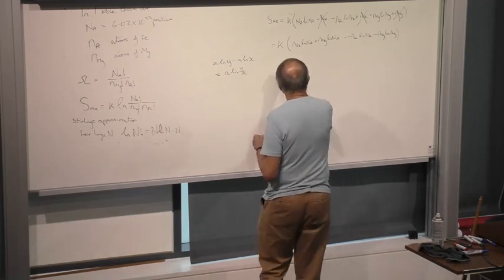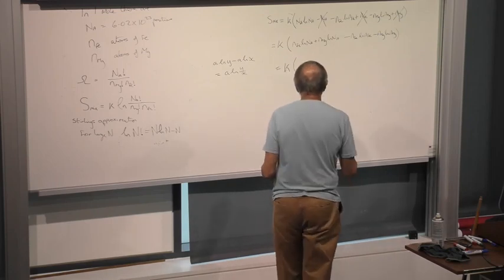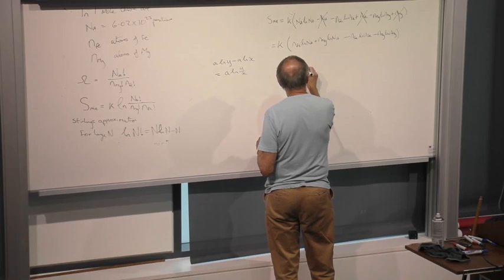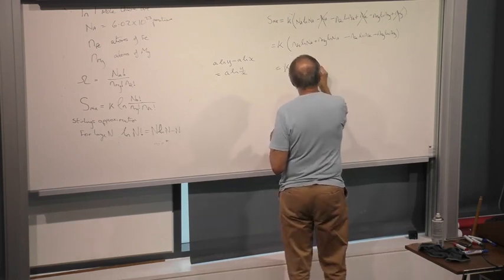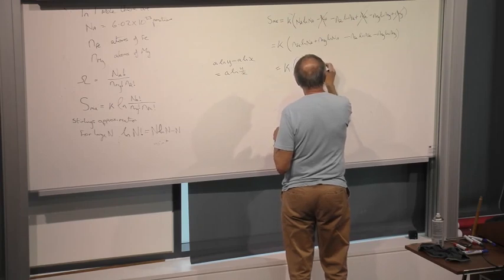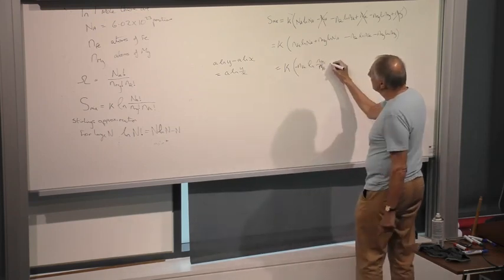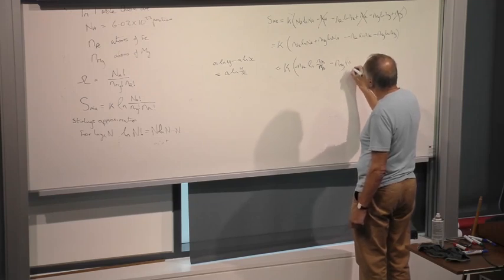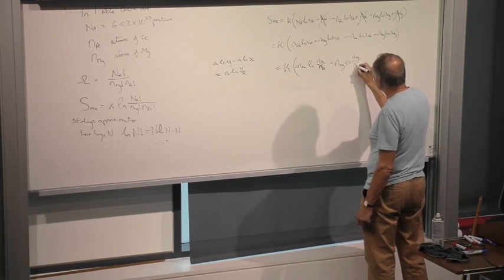So we use that property, and this becomes k into minus NFe ln NFe over Na, minus NMg ln NMg over Na.